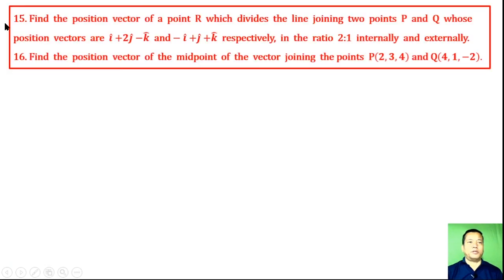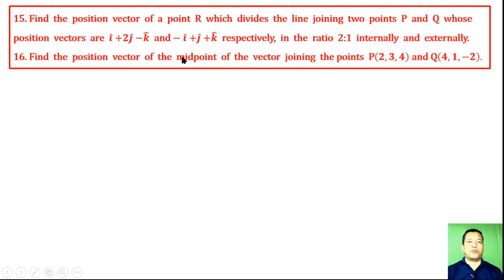Question number 15. Find the position vector of a point R which divides the line segment joining two points P and Q, whose position vectors are this and this respectively, in the ratio 2:1 internally and externally.